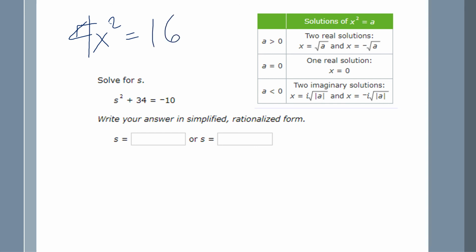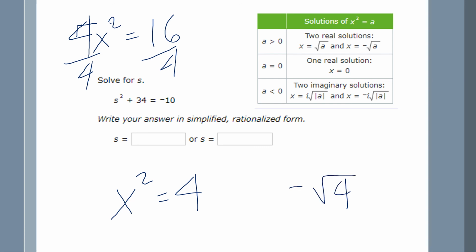To solve this equation, of course divide by 4, divide by 4, and you get something like x squared equals 4. But now you gotta take the square root of 4. So square root of 4, x equals 2. Just like that.